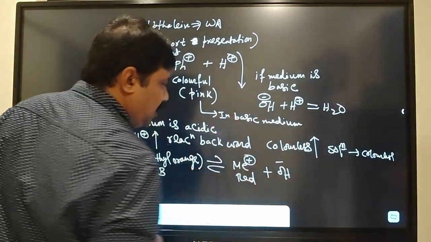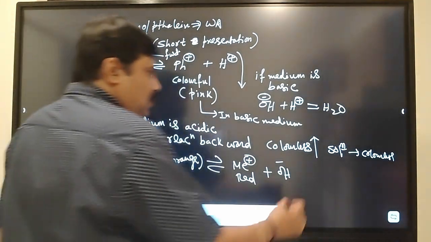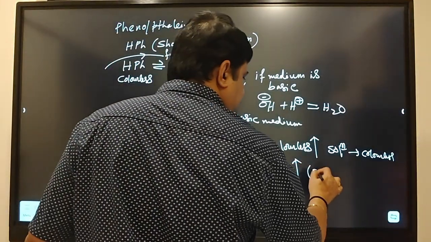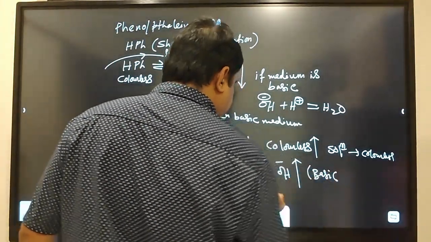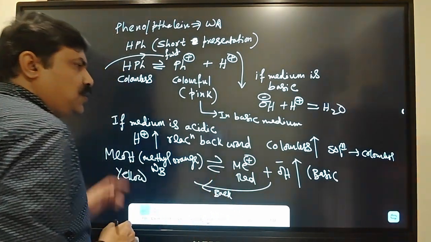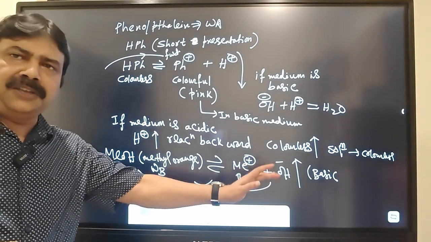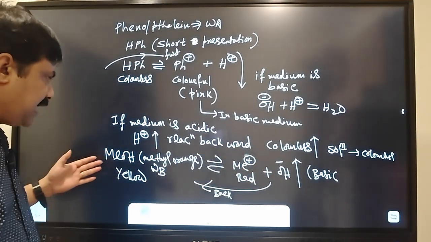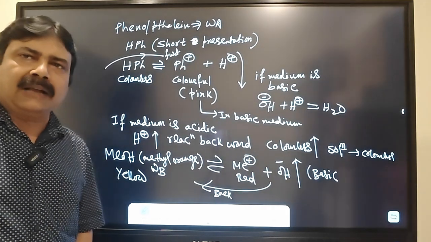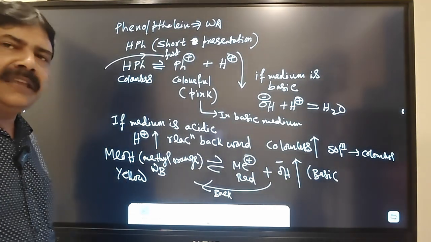Now, if my OH concentration increases, that means the medium is basic, then what will happen? The reaction will come in the backward direction. Why? Because due to the common ion effect, dissociation of MeOH or methyl orange will be less. So the reaction will come in the backward direction. That means this form will be dominant. That's why that time it will show the yellow color.